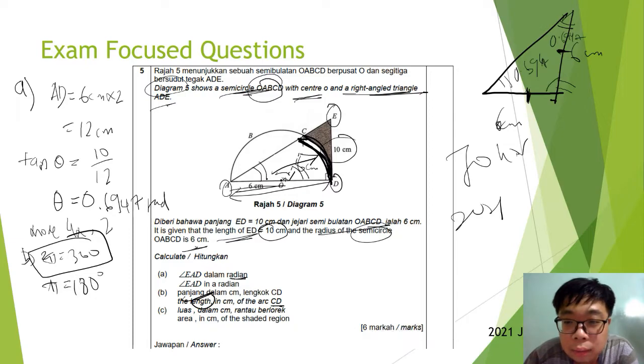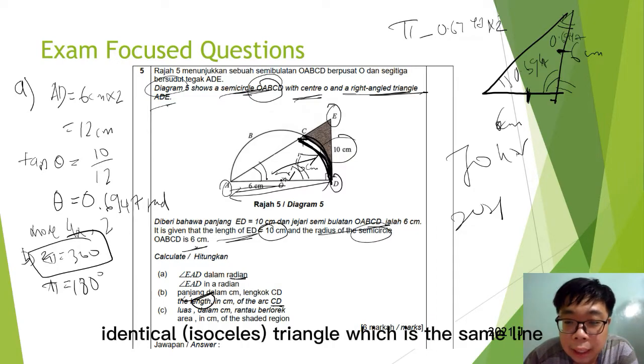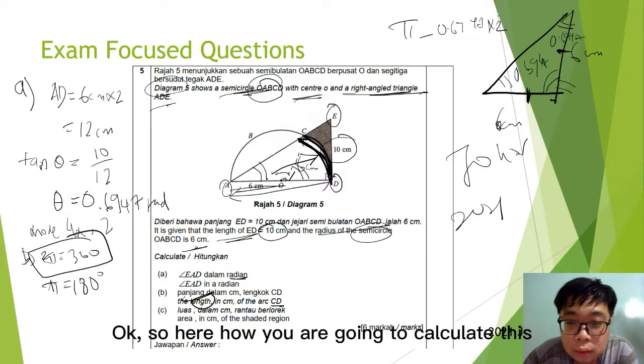So what you get here is pi minus 0.6947 times 2, because this is a triangle with two equal sides.